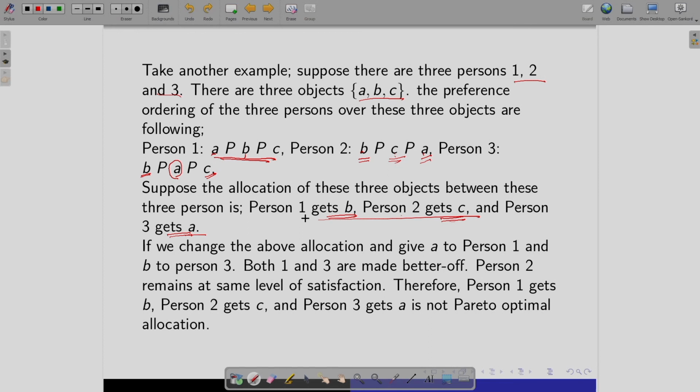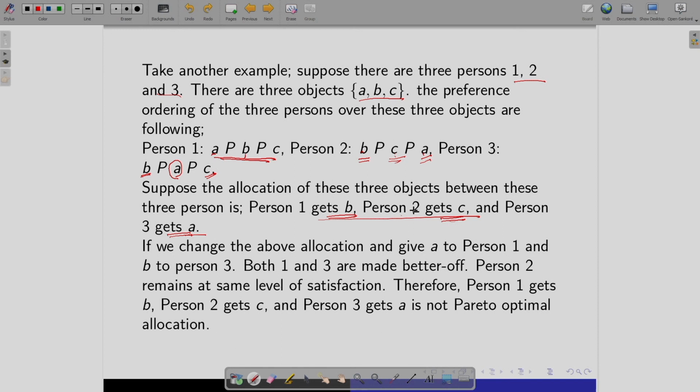Now, if we change the allocation of person 1 and person 3, that is, I take the A from person 3 and give it to person 1, and take the B from person 1 and give it to person 3, and leave person 2 the same, then what happens?